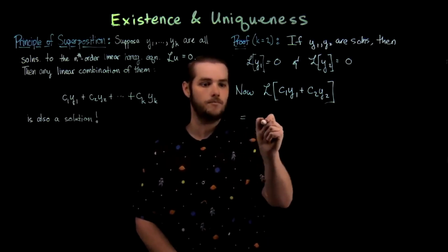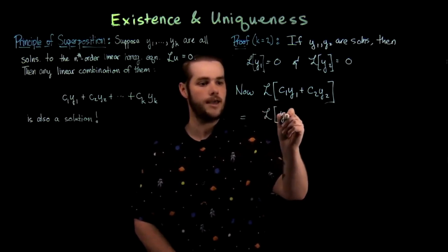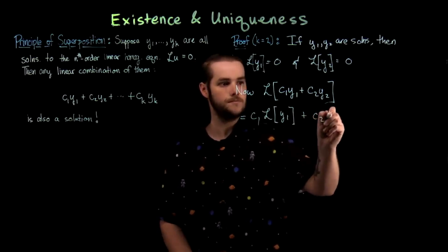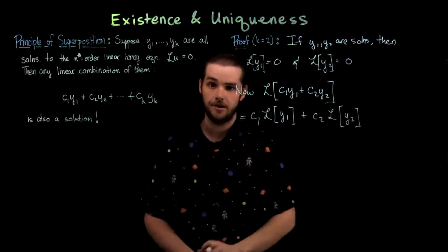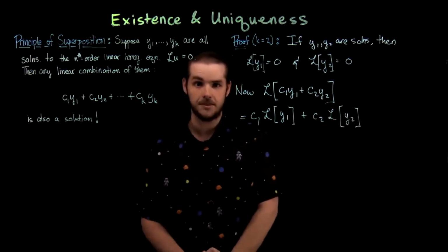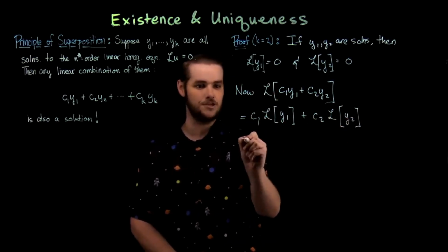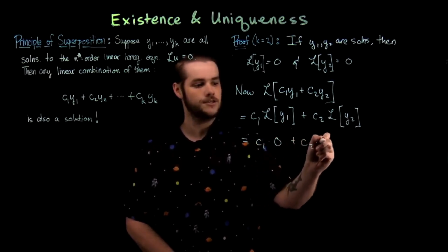I can split it over the addition and pull out the constants by the linearity. And now, because it's homogeneous, and y1 and y2 are solutions, I know that each of these guys are 0. So what do I get?